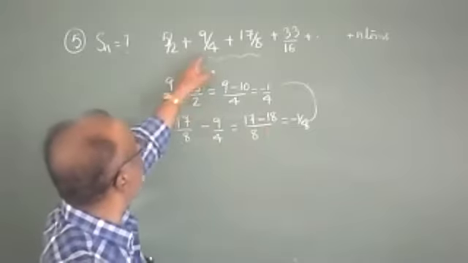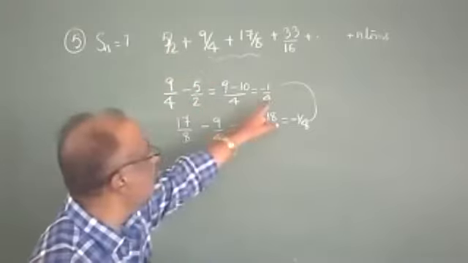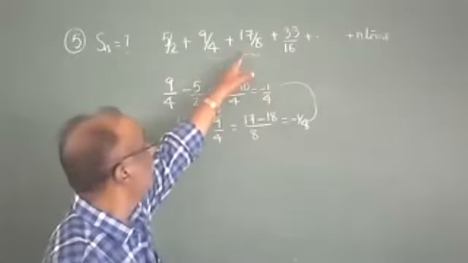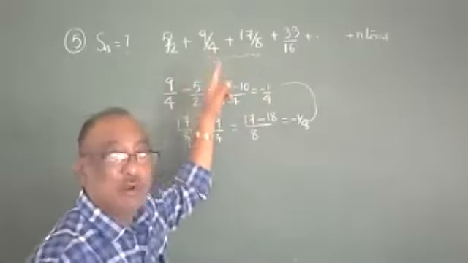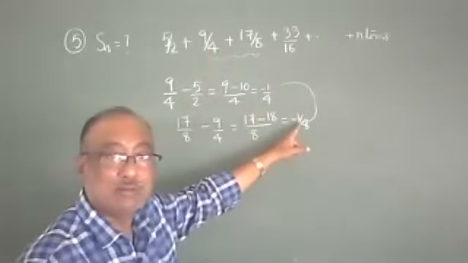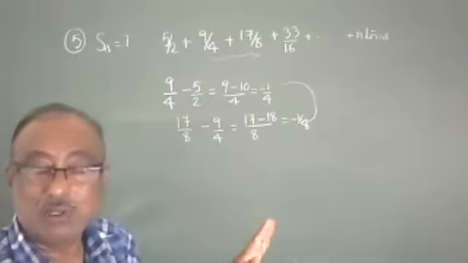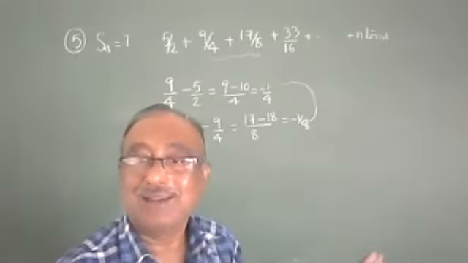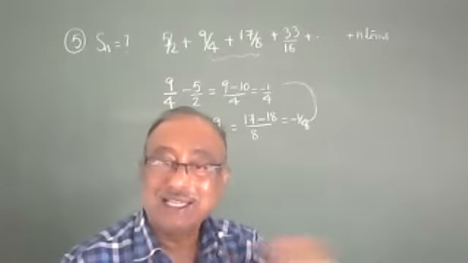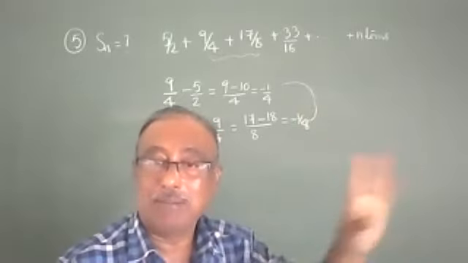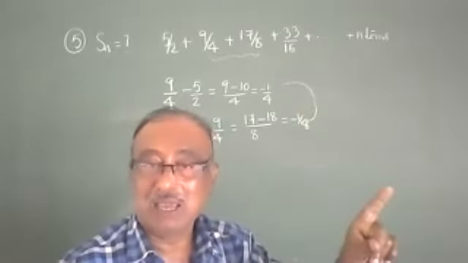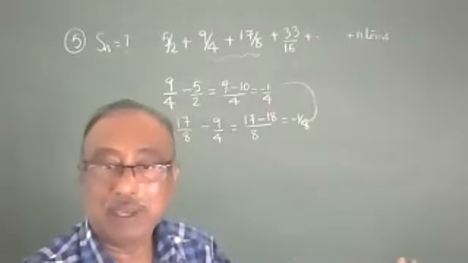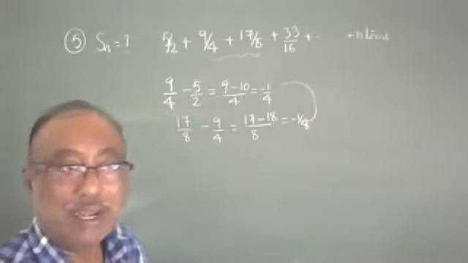Next number minus before number value is minus 1 by 4. Next number minus before number value is minus 1 by 8. Different values are getting, therefore not in AP. Throughout the series if the difference is the same, then only it is AP. First AP is failed.